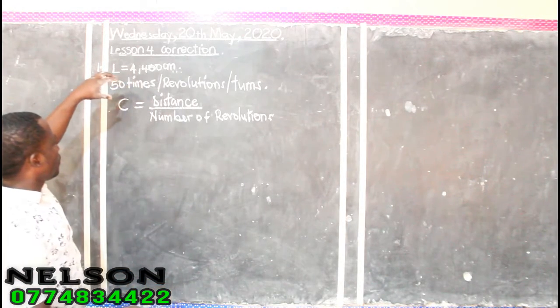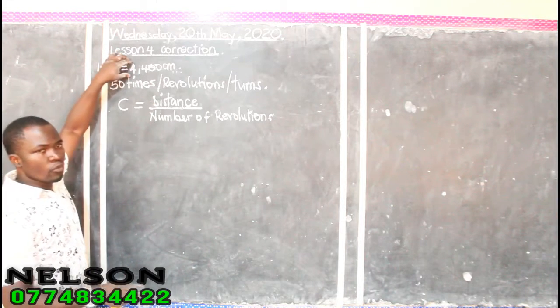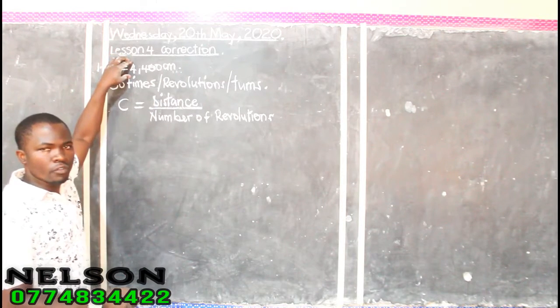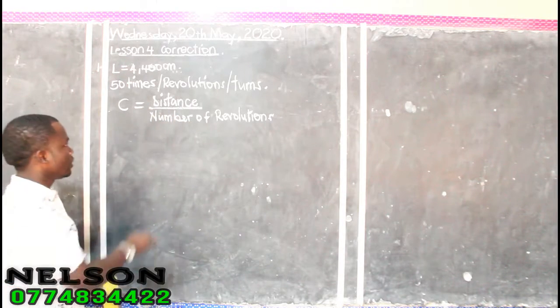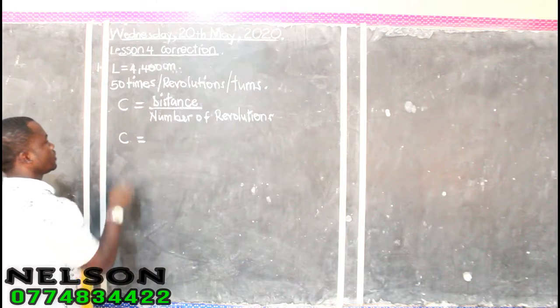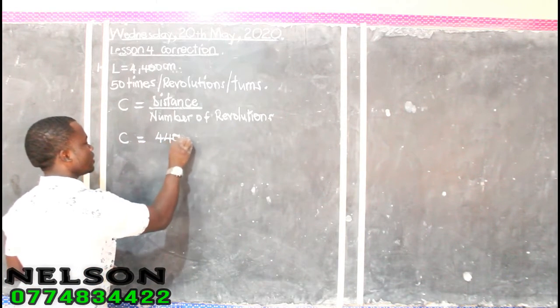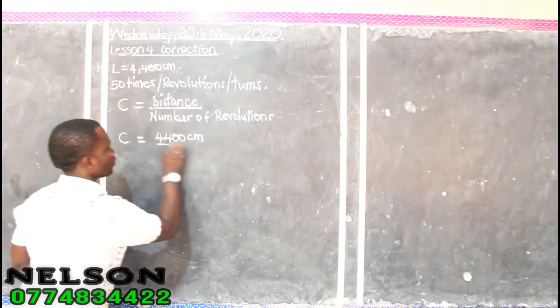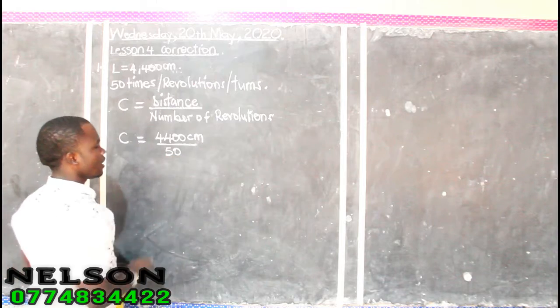Now we have the distance, which in the question was given as length of the thread, and the number of revolutions are the 50 times. So circumference equals the distance of 4,400 centimeters out of the number of revolutions, which is 50 times.